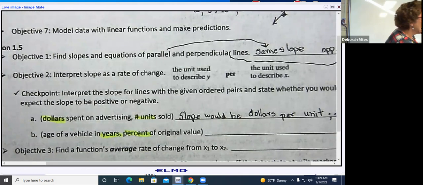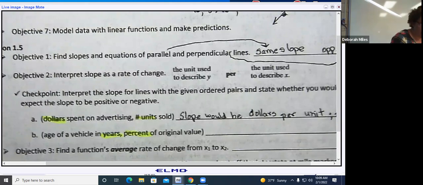As years go on, what happens to the percent value of your car? That's called, I just forgot the word, D. Oh. Yes, thank you. Depreciation. Lord, I just forgot. Yeah, depreciation. The value of your car is going down.